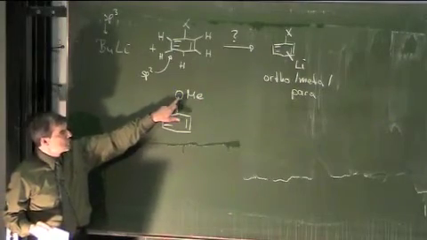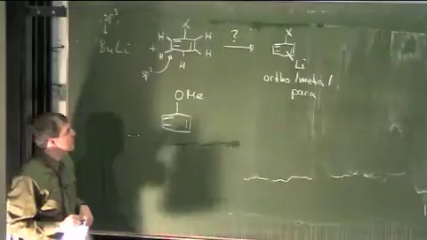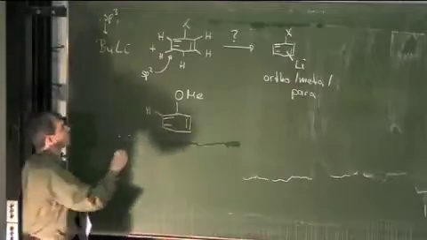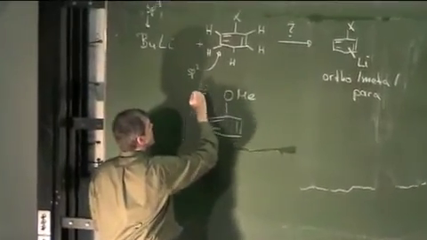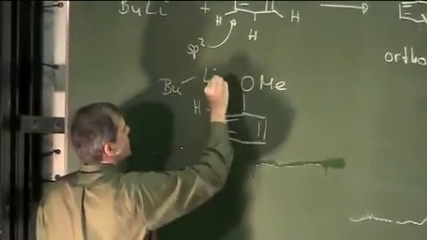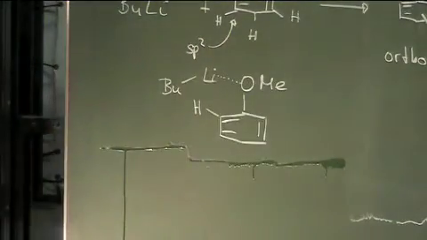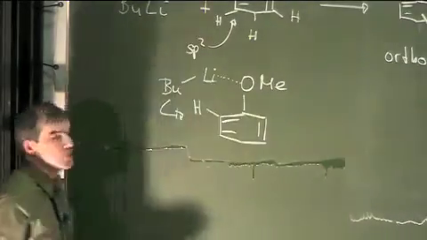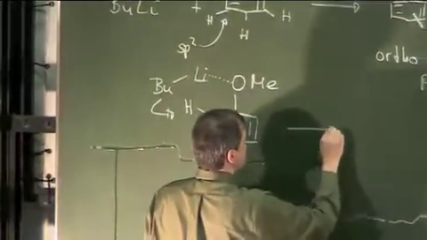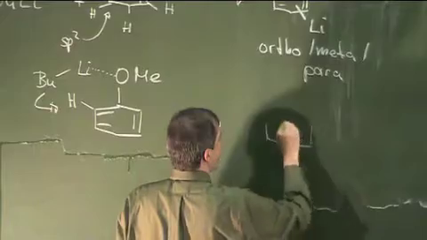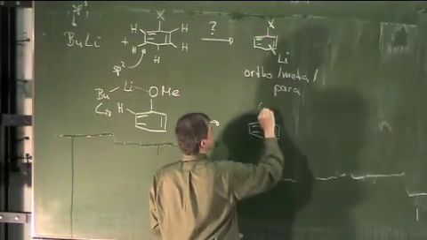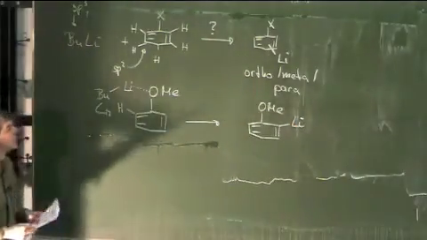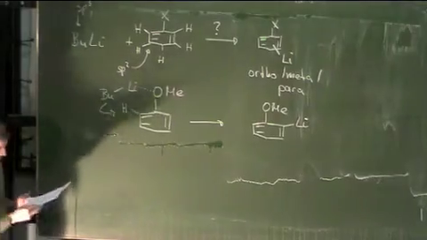And usually, if you have a heteroatom in your aromatic system, this will selectively deprotonate the ortho position for the reason that your n-butyl lithium compound might coordinate to the substituent and then selectively deprotonate the adjacent position. So this is a scenario which usually with aromatic compounds works very well.